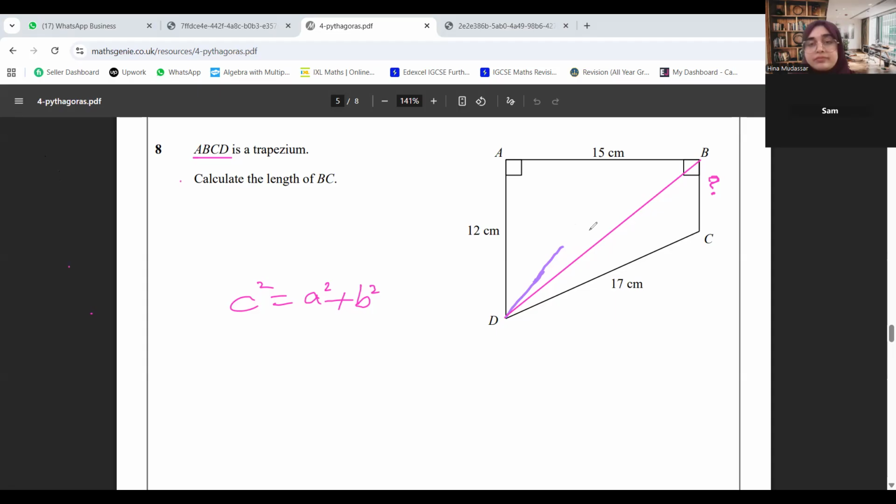So would C be 17? No, C is not 17, because this is not the part of this. This is C.